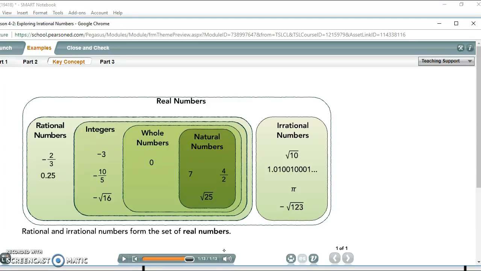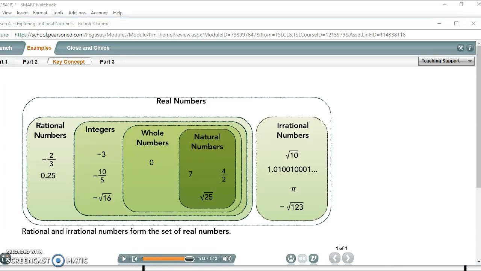Only repeating patterns would be considered rational, such as negative 2/3. As a decimal, this would be negative 0.6, and the 6's repeat forever. That's a repeating pattern, so that is rational. But any decimal that does not end and does not repeat is irrational.